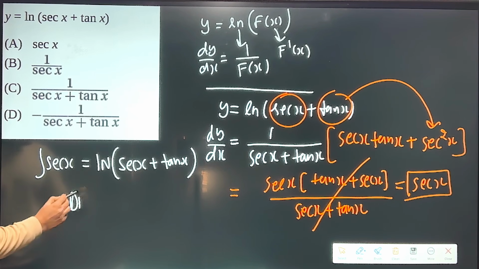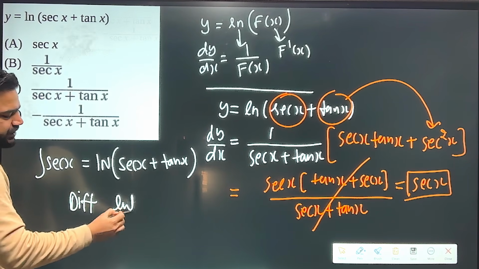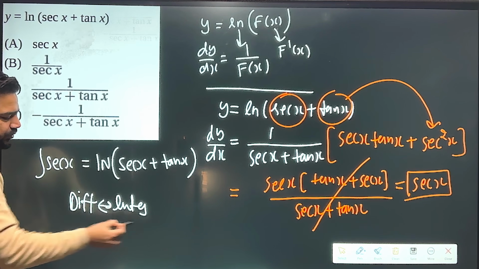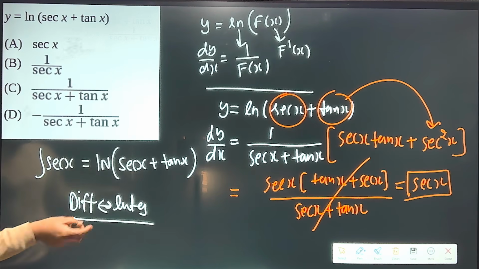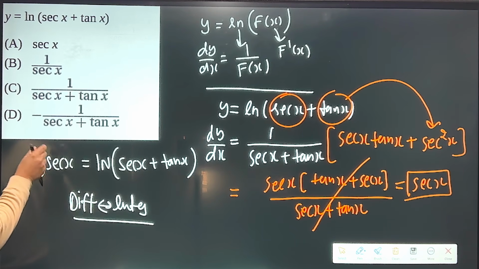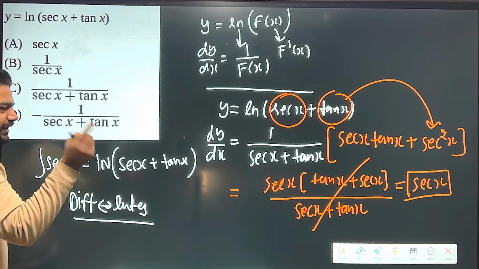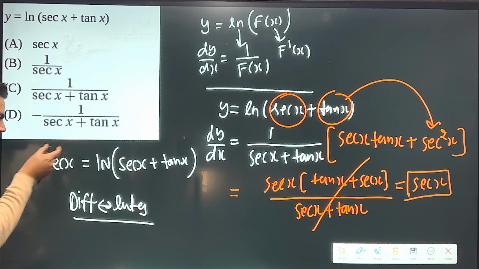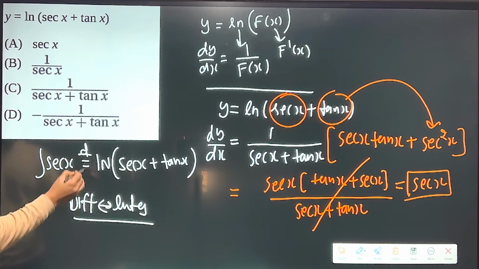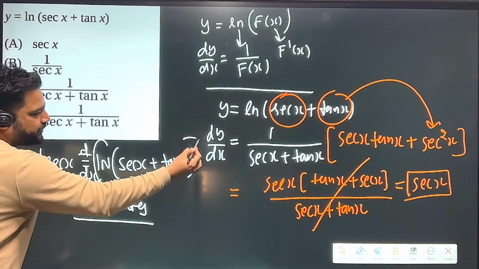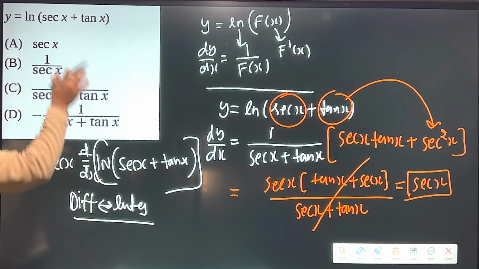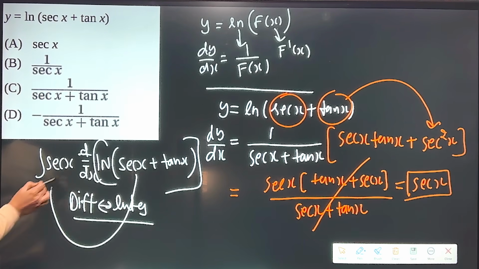Differentiation and integration are reverse processes. So if the integration of secant x is this, then the differentiation of this part will be secant x. They were asking for the differentiation of this part, so it will be directly secant x.